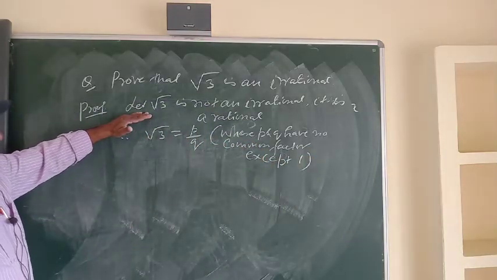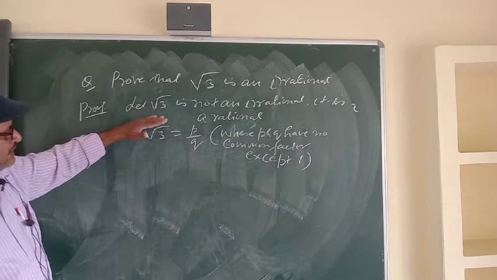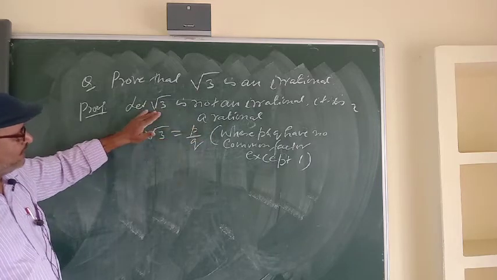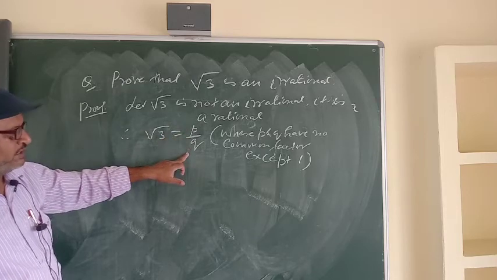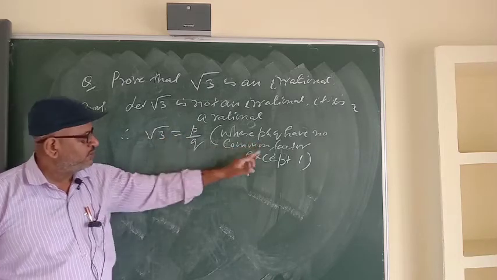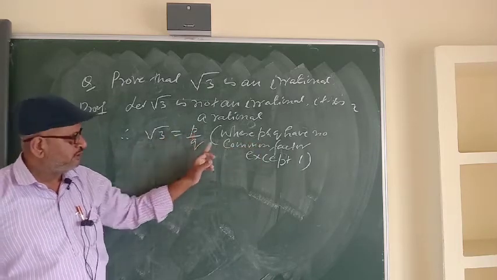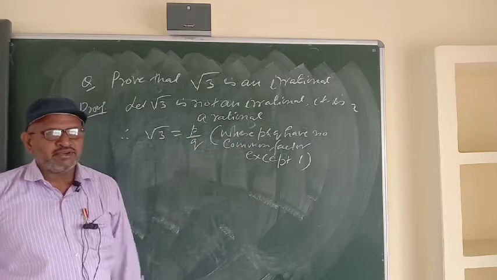So we have supposed root 3 is rational, and then we can write it in p by q form, where p and q are in lowest form, having no common factor except 1.